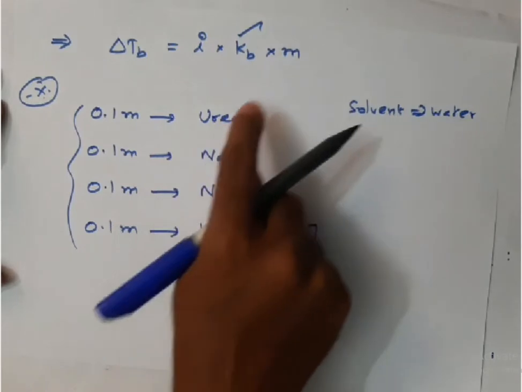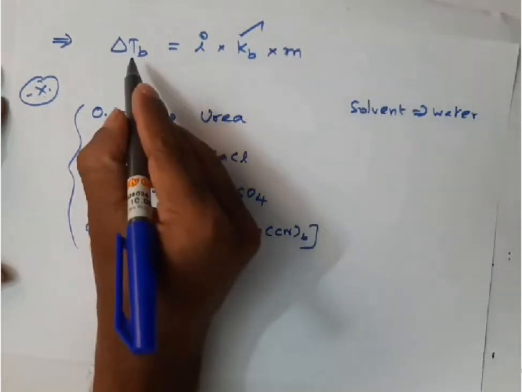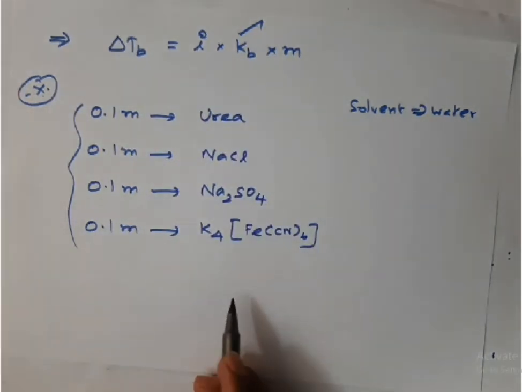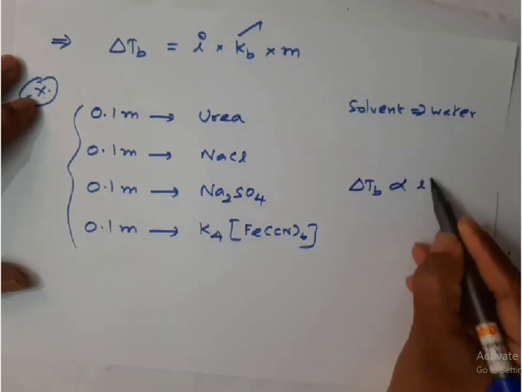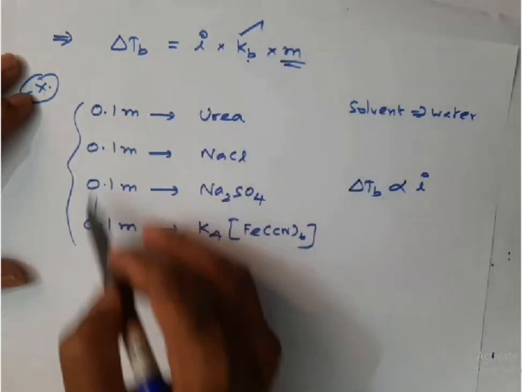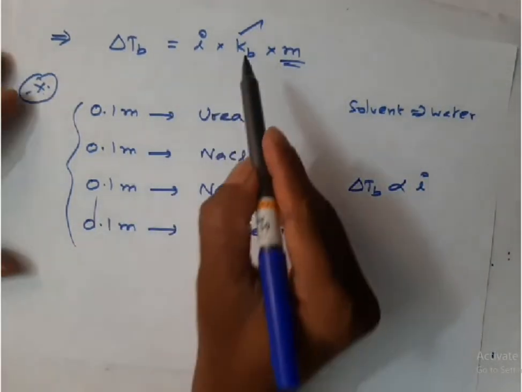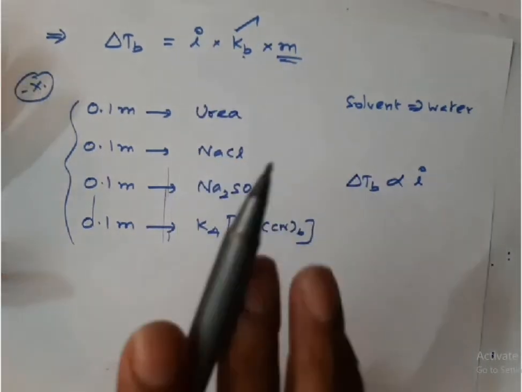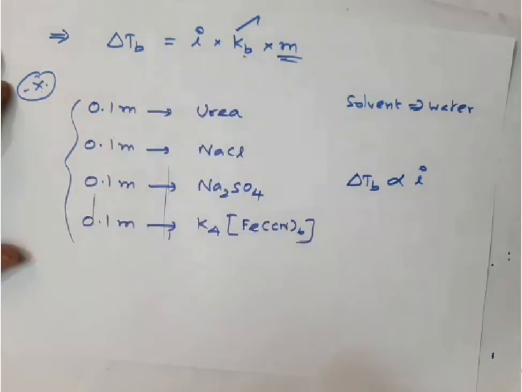So in this case delta Tb is directly proportional to i only, because the molality is the same for all the solutions, and the Kb value is also the same because the solvent is water. Therefore delta Tb depends only on i.